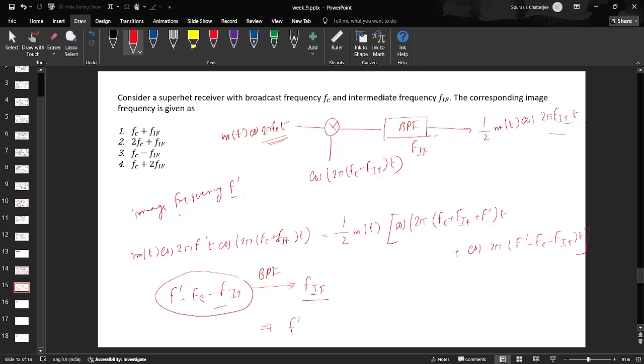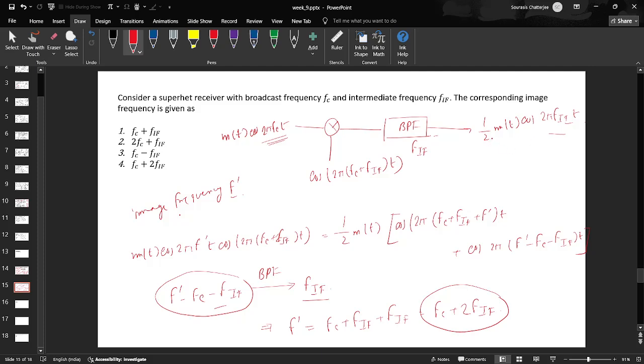That means if f dash is equal to fc plus fif plus fif, that is fc plus 2 fif, then this signal with this carrier frequency is going to pass through the band pass filter, creating noise for the original signal. So that is the issue.